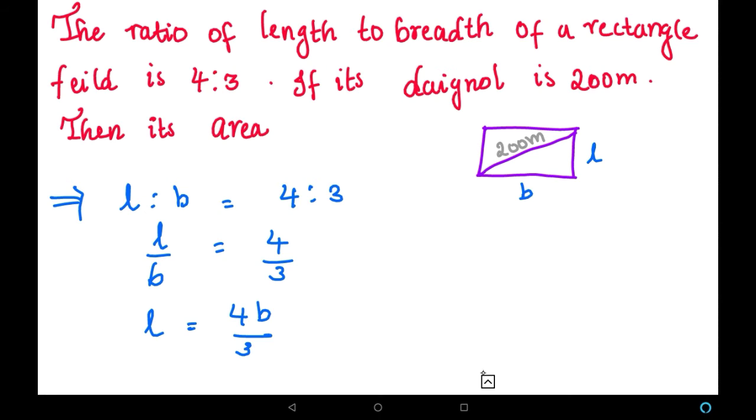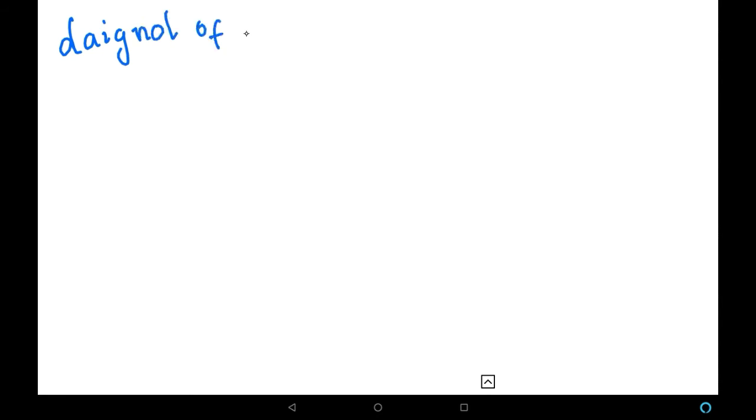Now we have kept length in terms of breadth. Now we are going to equate with the diagonal. The diagonal of a rectangle is given by the formula root of L square plus B square.